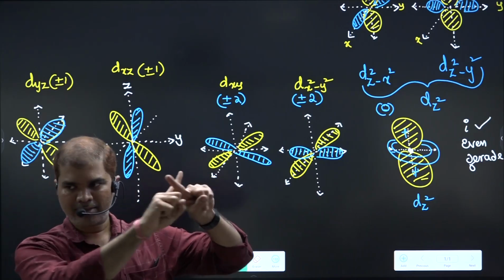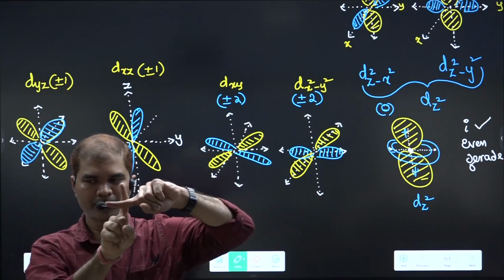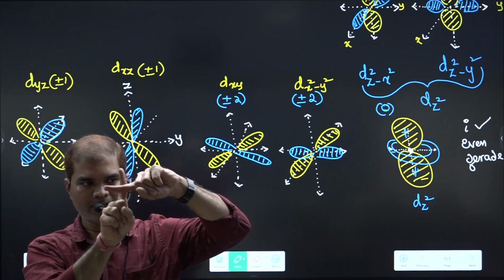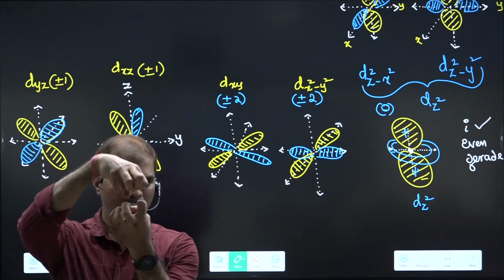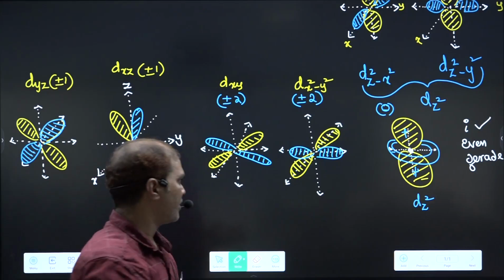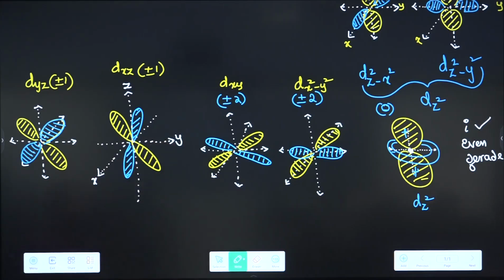So you should not imagine like this. This is xz, yz. This is z square minus y square, and two lobes above and below, dz square. Okay, now you draw it. If anyone has completed this, I'll ask a question.